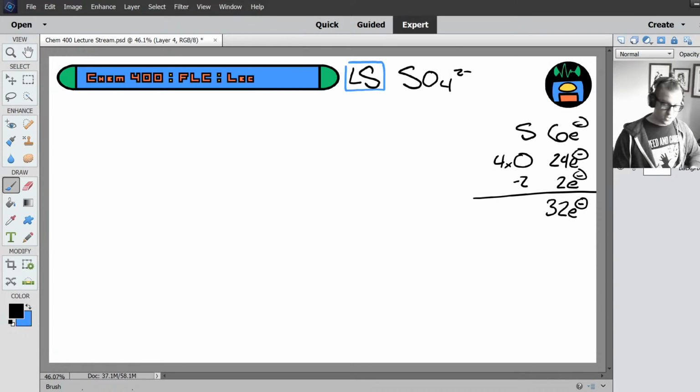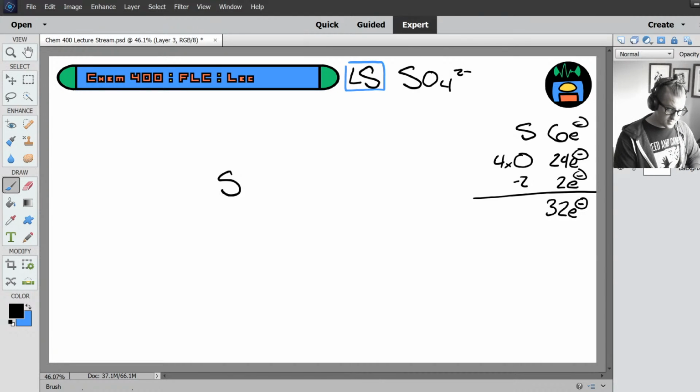Now, when it comes to picking a central atom, we're going to roll with sulfur, because it's a third period element, and we know that third period elements can break the octet rule if need be, so it can make the most bonds. Definitely can make more than oxygen.